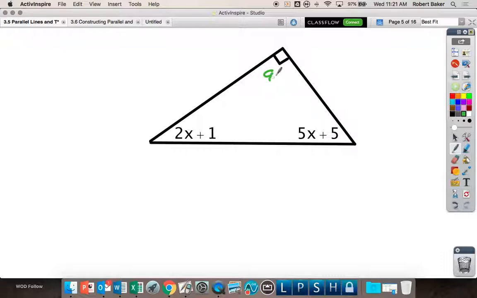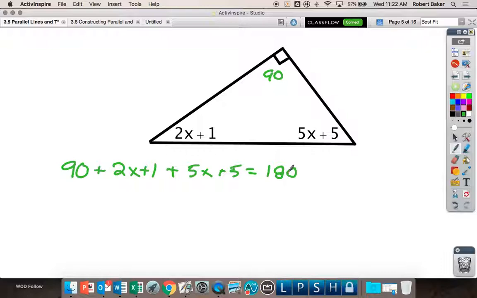Yeah. So that is a geometry concept, knowing that is 90 degrees. So now we say that 90 and 2x plus 1 and 5x plus 5 all add up to equal 180 degrees.